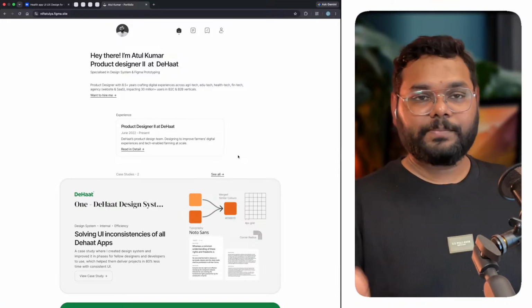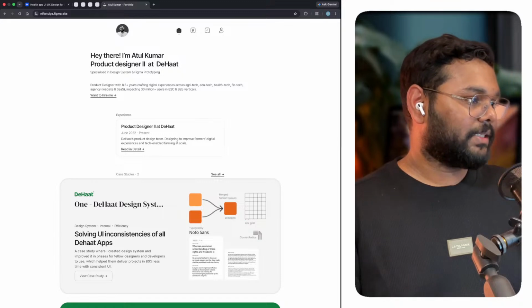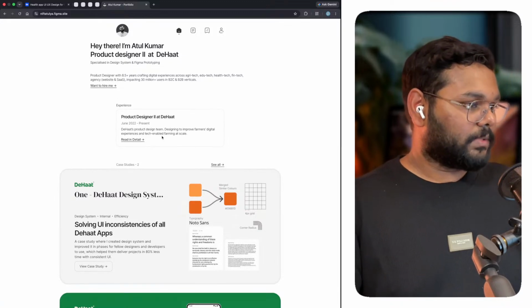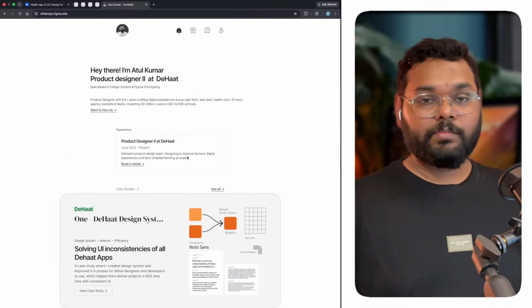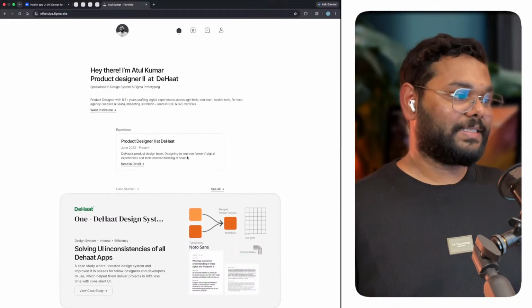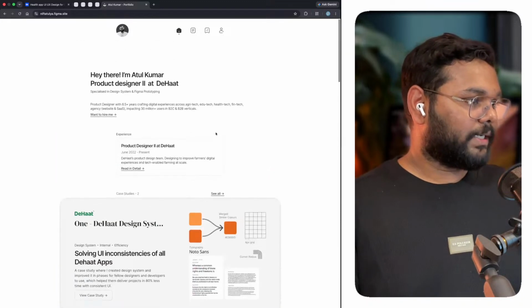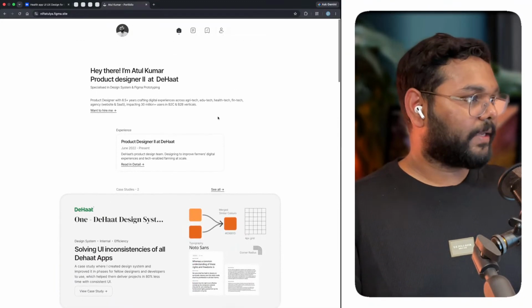It's not up to the expectation. Let's say here in experience, just one small card, and a person said that they're expecting more, like what other experiences I have. So yeah, that's where it's lacking.